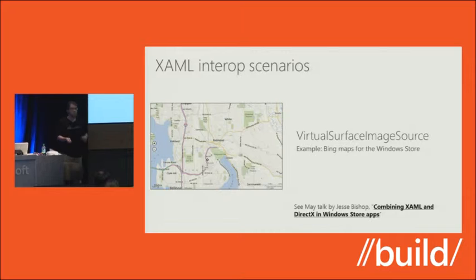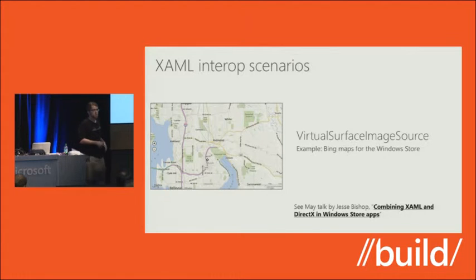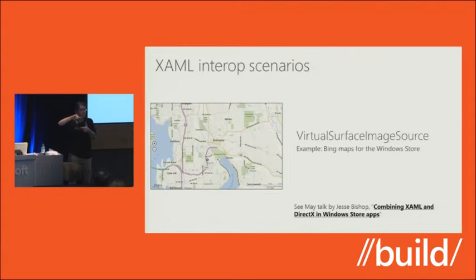Well, you can use this thing called virtual surface image source that makes this process just a little bit easier, to do this sort of seeing one tile at a time on a huge surface. Now, if you're passionate about utilizing one of these scenarios, you can ask questions at the end, a Q&A, or there's a great talk that was done in May that you can find online. Bing it.